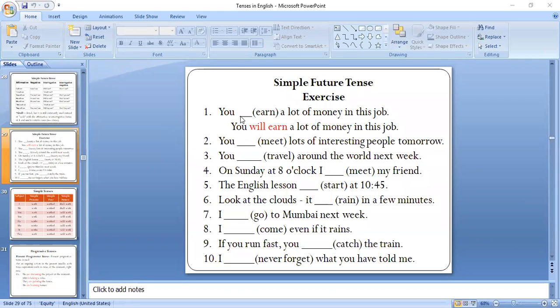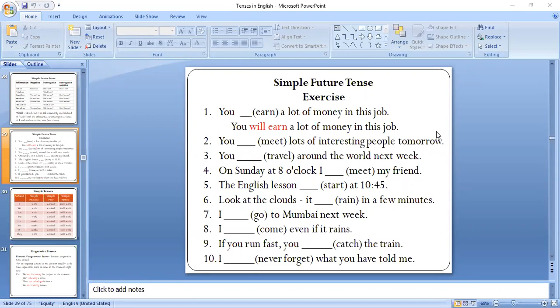Let's see the exercise on the simple future tense. Yes, the first sentence is: You dash in bracket earn a lot of money in this job.